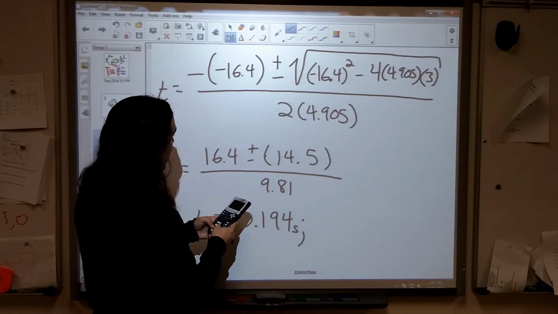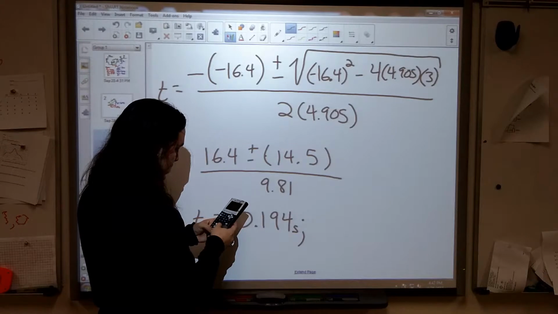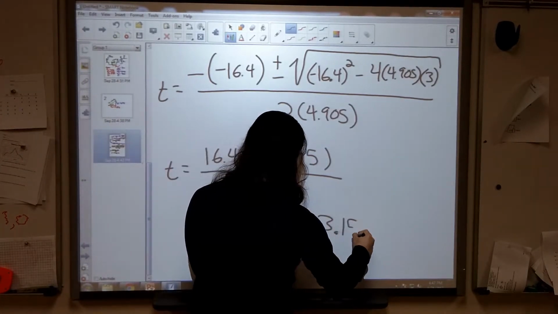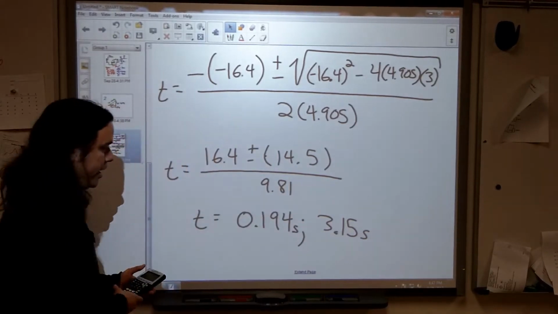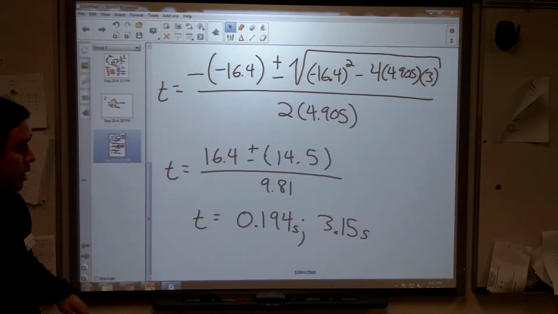Or we could get 16.4 plus 14.5 divided by 9.81. And we end up with 3.15 seconds. As I said, this is a problem that many people may not have encountered, but both of our answers from the quadratic equation are positive. So which one is our answer?